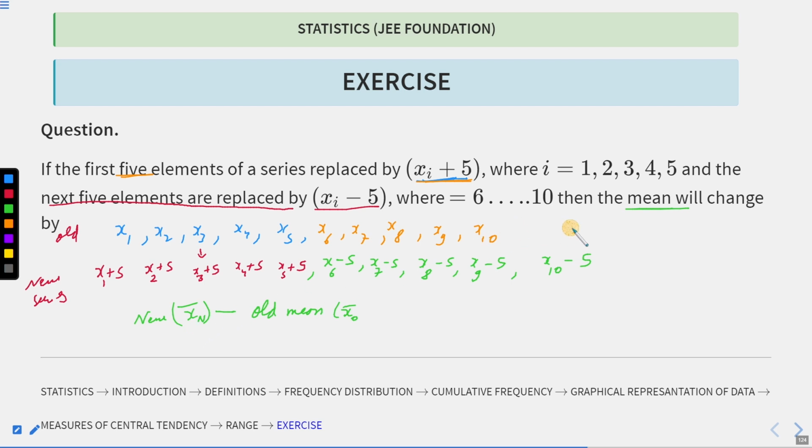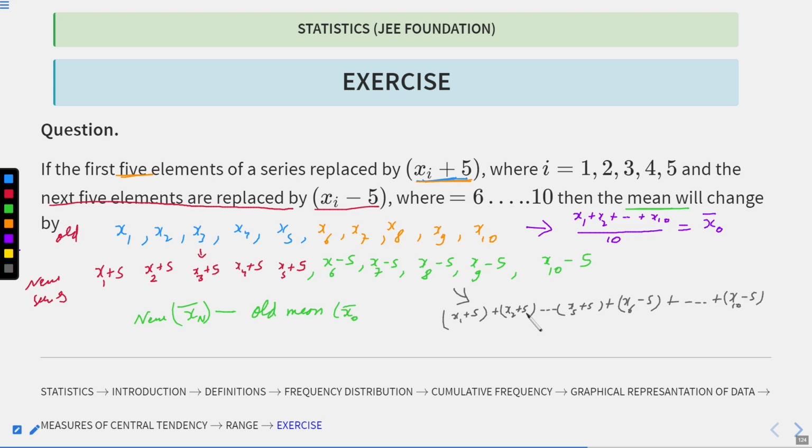The mean for the old series is the sum of all observations, x1 plus x2 till x10, divided by the total number of observations, which is 10. For the new series the sum is x1 plus 5 plus x2 plus 5 till x5 plus 5 plus x6 minus 5 till x10 minus 5, divided by the total number of observations, 10.